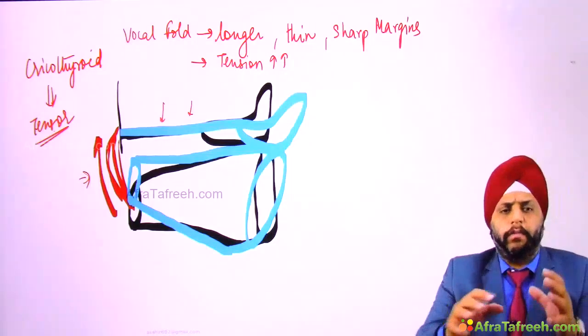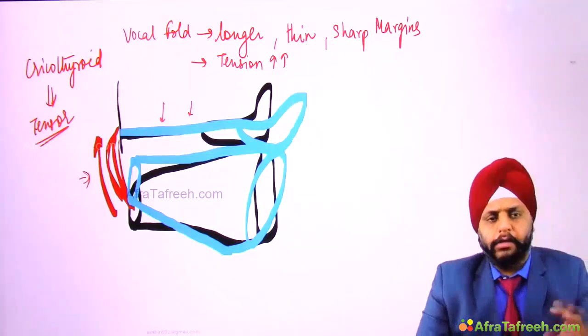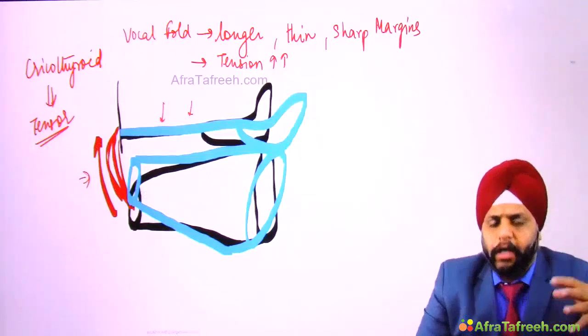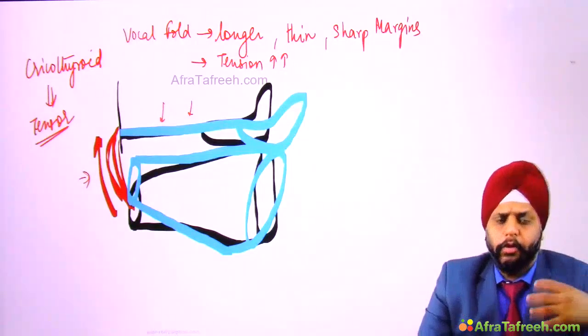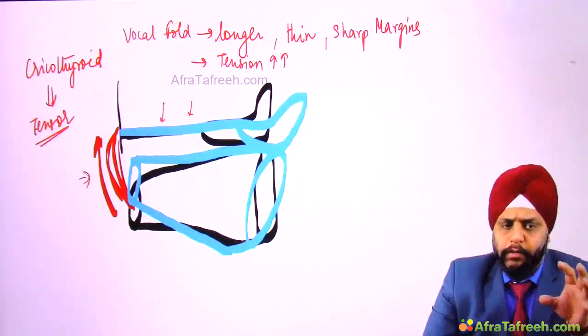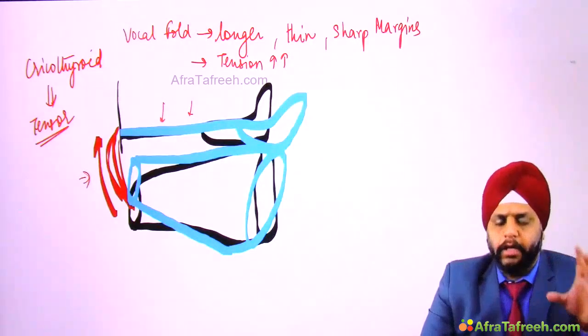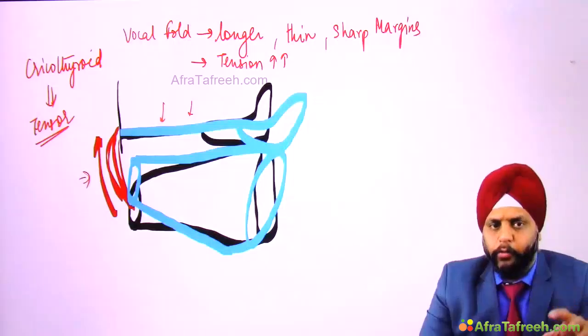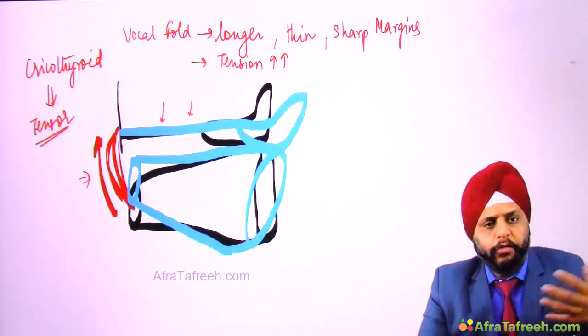As I always tell my students, the tension is always given by outside people. You go to your home, your mom, what will she do? She will take away your tension. She will tell you to relax. So when you go home, you feel relaxed, your tension goes away.